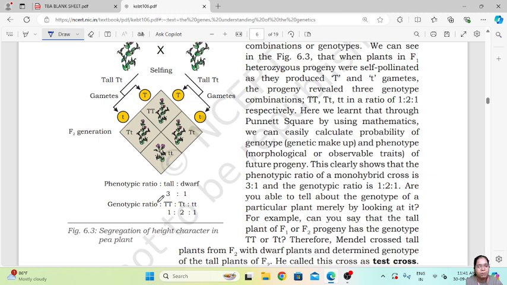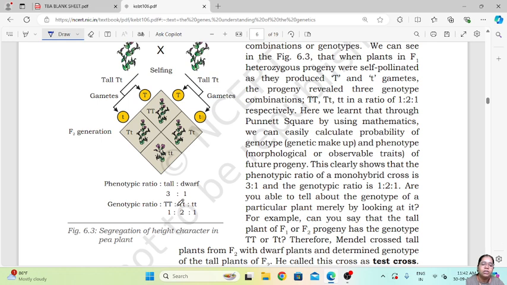But what about the genotypic ratio, as in how the genes are, whether heterozygous or homozygous? Over here only 1 plant will have homozygous dominant genes, that is capital T capital T. 2 will be tall but heterozygous, that is 1 capital T, 1 small t, and 1 will have the homozygous recessive trait, small t small t. This is the genotypic ratio, the genetic makeup of the plants.